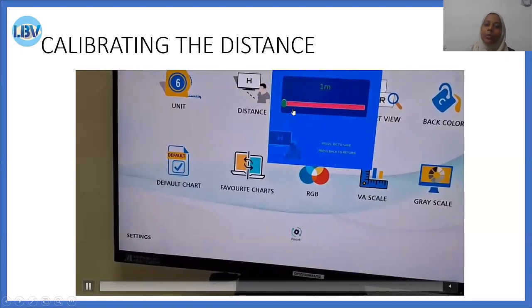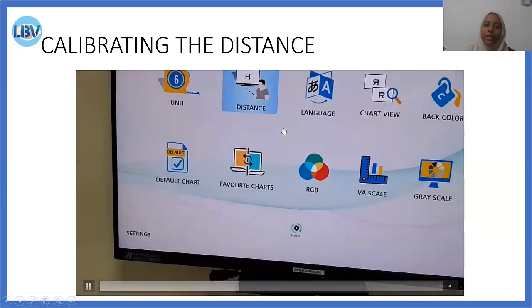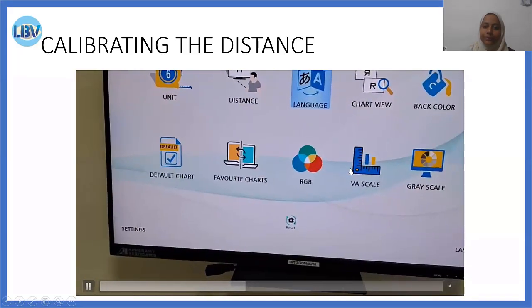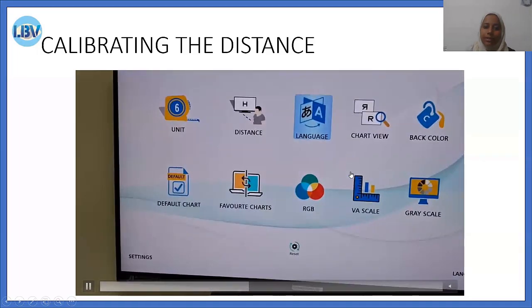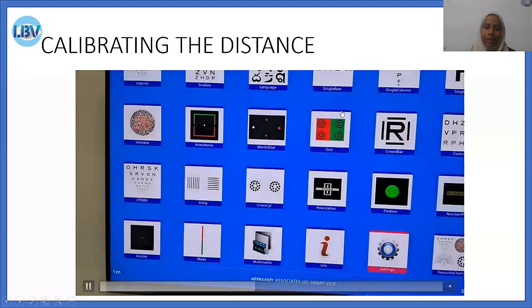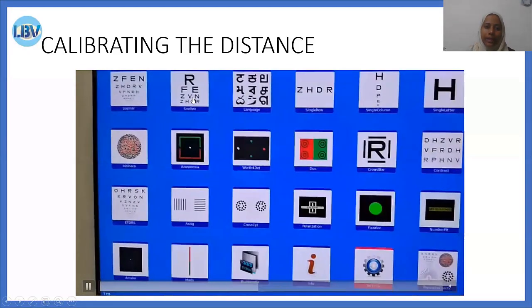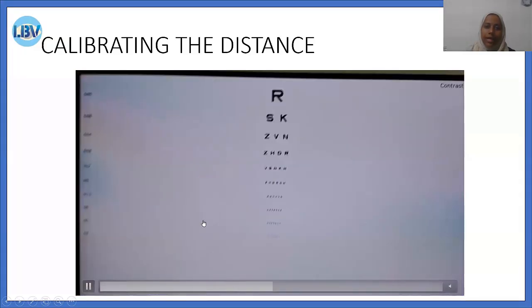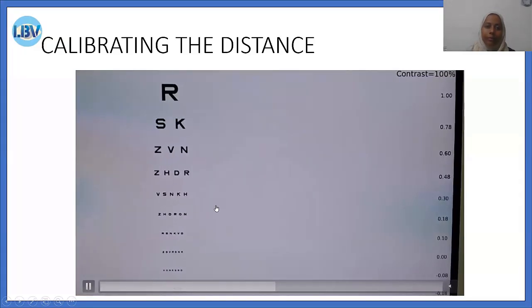So here you can reduce it to 1 meter also. Let us see how the chart looks when you have reduced it to 1 meter. In the video, we'll go back to the main menu and I open up any chart here. Yeah, so you can see this chart is now calibrated for 1 meter distance.